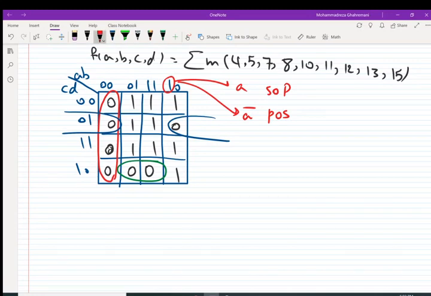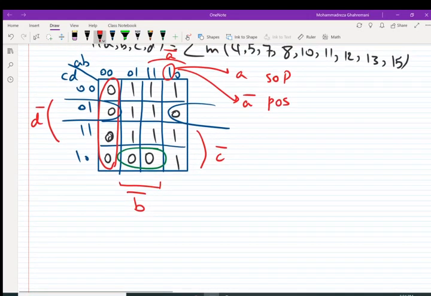So we can say the middle two columns are considered as B bar. Of course, the B is 1, but we say it's B bar because we're finding product of sum. The middle two rows here are D bar. The last two rows here are C bar, and the last two columns are A bar.